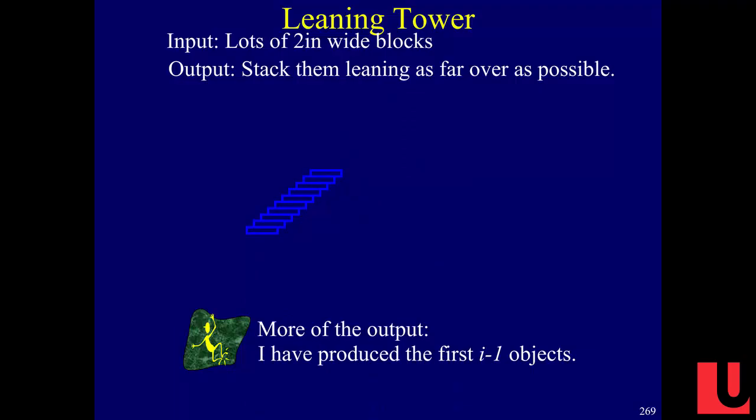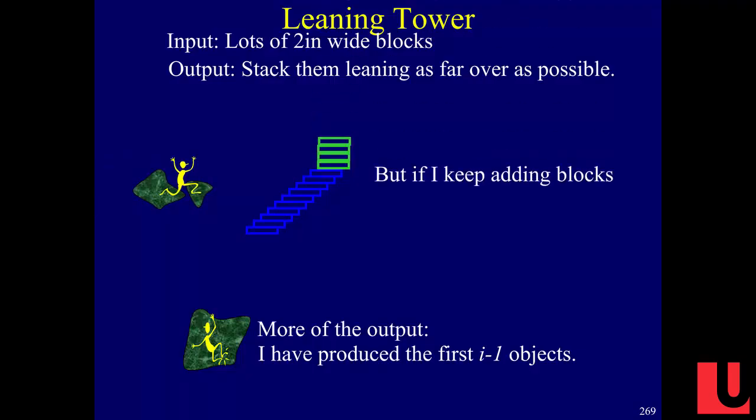So if we're doing more of the output, we've produced some of it, and it hasn't fallen over yet, and we've shifted. The question is, can you shift arbitrarily far out? Can you shift this far out? Well, once you've shifted this far out, if you want to keep adding blocks on top, let's not even try to shift further.